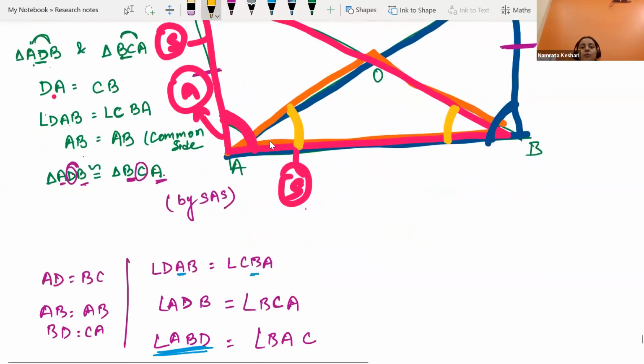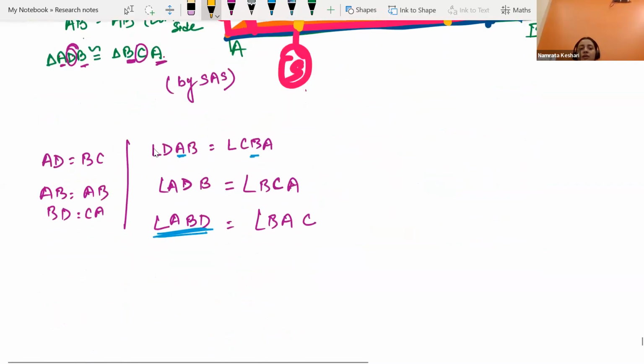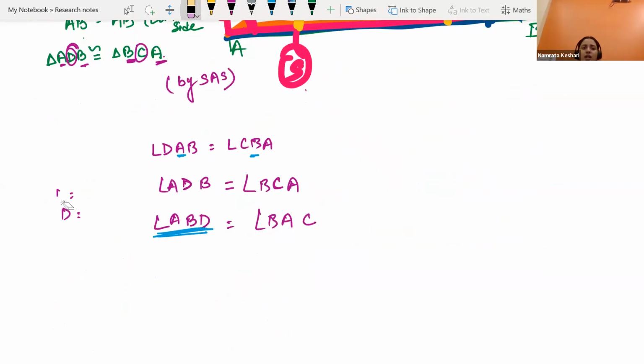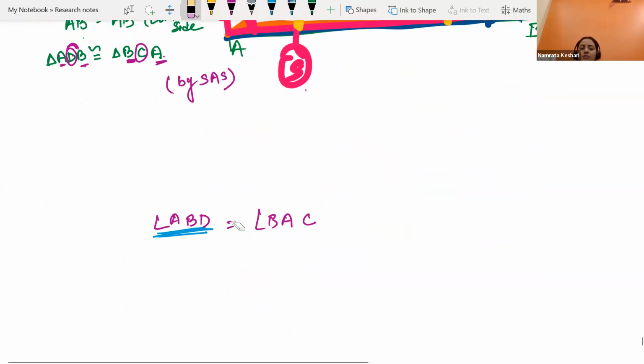So from here we can say that no other criteria is going to help; just the last one is helping us. So I'm rubbing out all the CPCTs because they are not helping us. If you leave it written like this, no one will deduct your marks. It will be completely fine, but I'm just using whatever is needed.